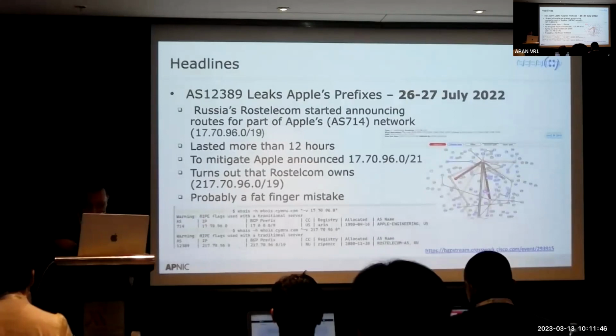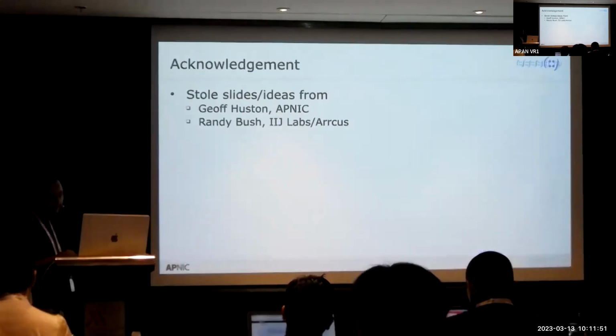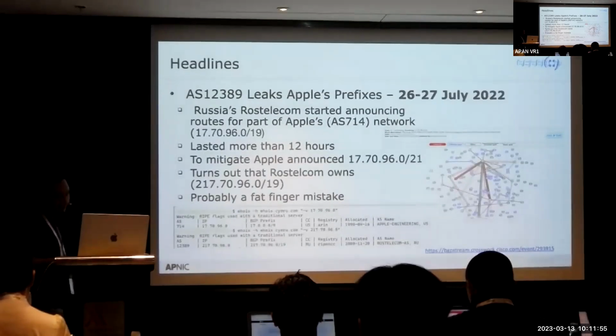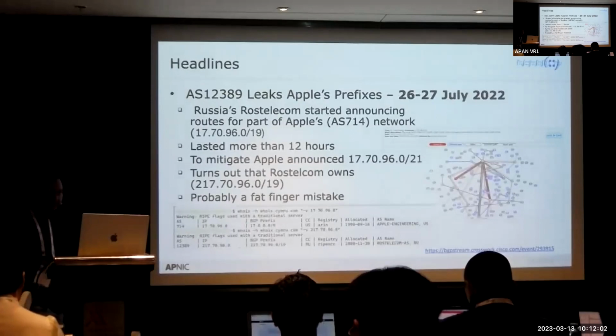So yeah, a few examples in the past. Okay, so this is from Jeff Houston and Randy Bush, right? So yes, there is 12839 that is basically leaking prefixes, Apple's prefixes, right?